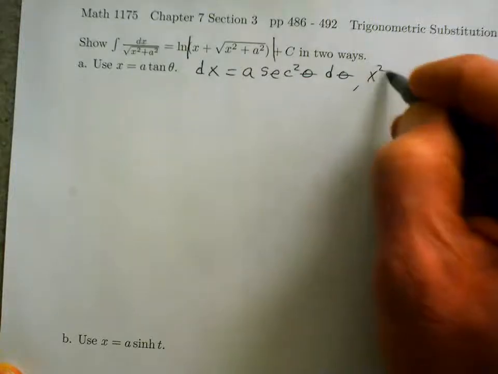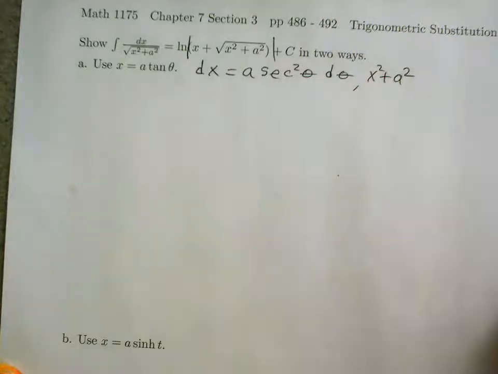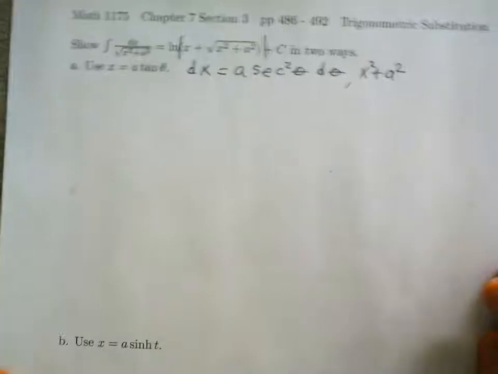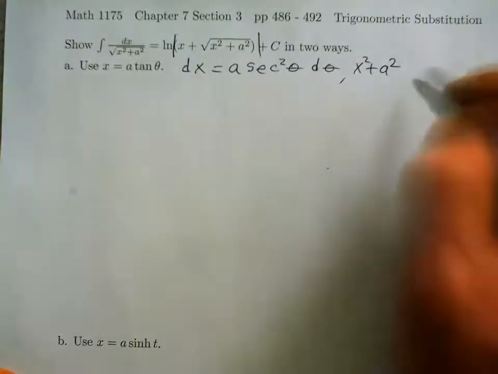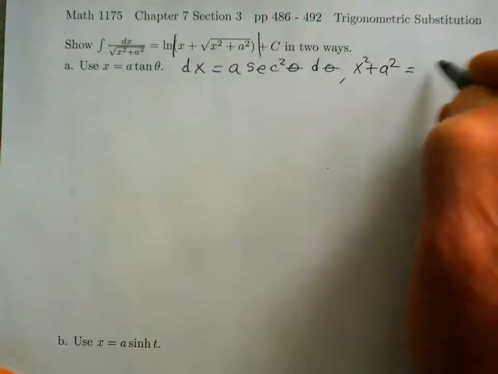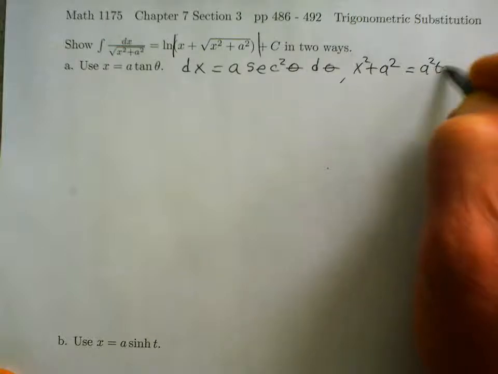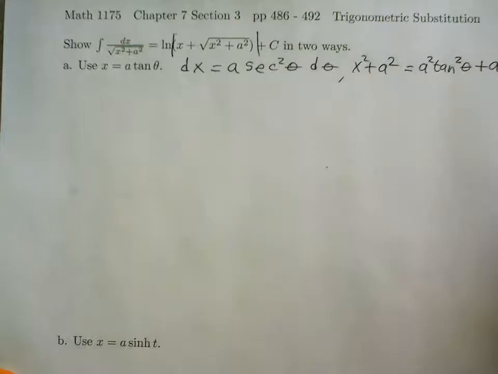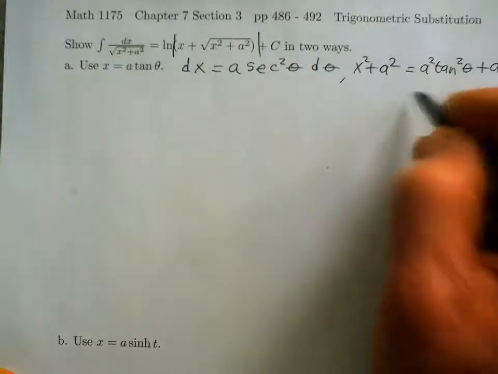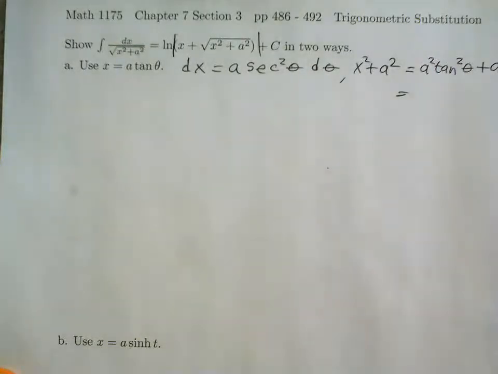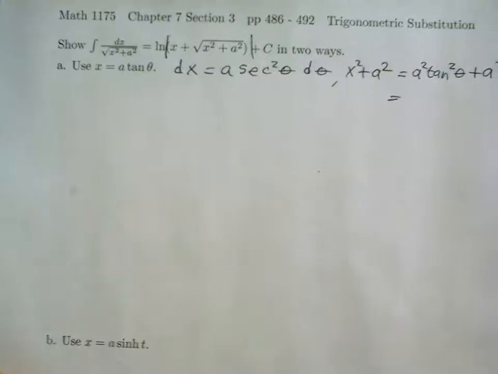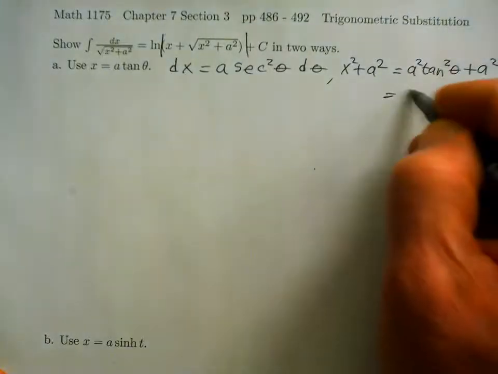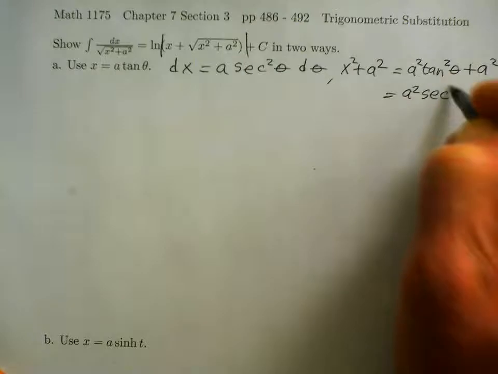And x squared plus a squared is a squared times tangent of theta squared plus a squared. And that simplifies to a squared times secant of theta squared.